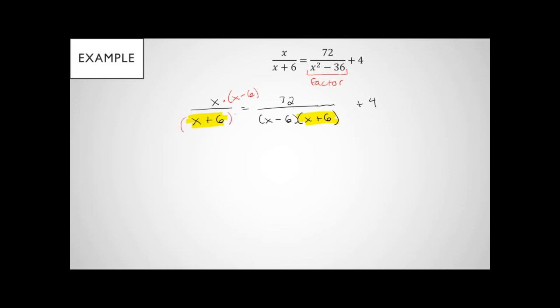So I'd have to multiply by the x minus 6 so that they match. Now I have things with the same denominator, and then I just have this plus 4, so I can subtract the 72 over the x minus 6 times x plus 6 thing so that I have a fraction equals a number, and I can do the proportion method.